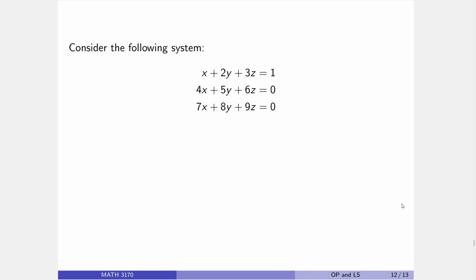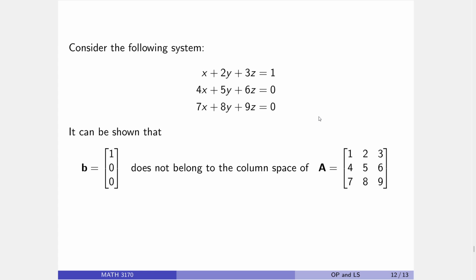Let's finish things off by doing a least squares computation. Suppose I want to solve the following system. We can prove that the vector on the right does not belong to the column space of the matrix on the left, so there's no solution.